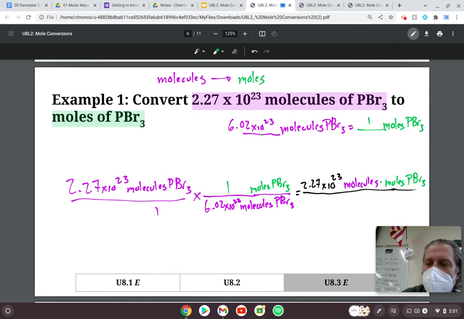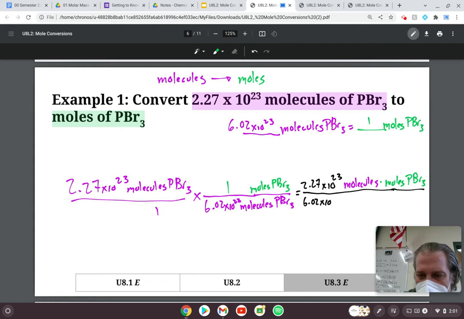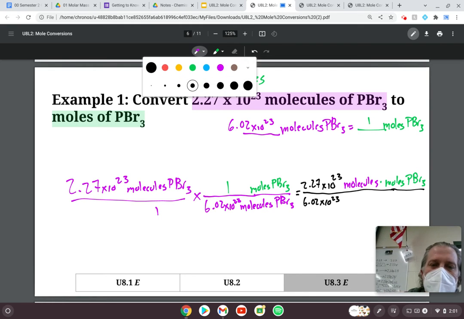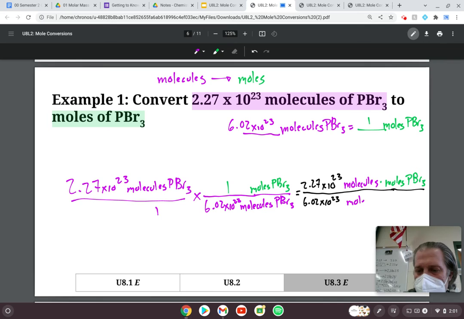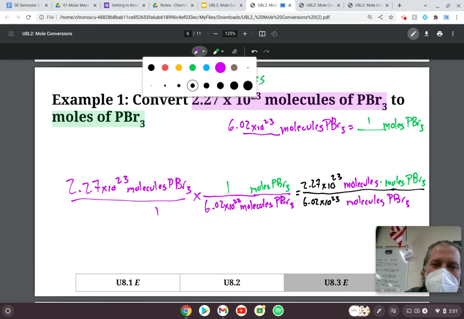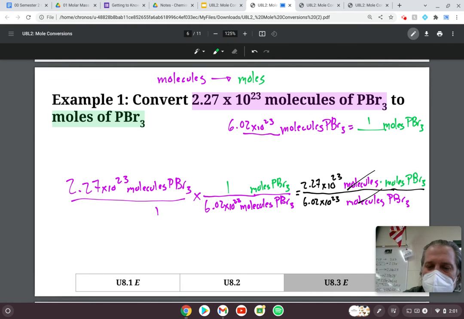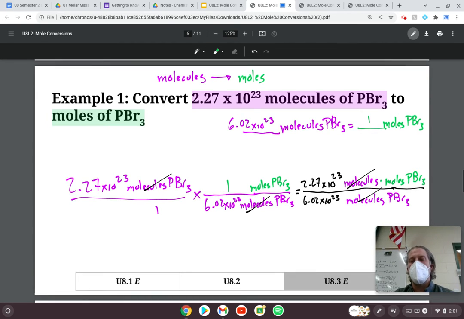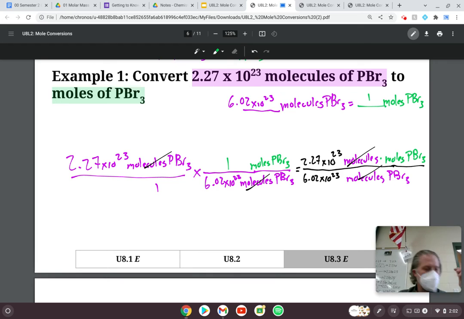The units kind of combine. And if I multiply straight across the bottom, I get 6.02 times 10 to the 23rd molecules of PBr3. And hopefully what you see here is that the unit of molecules cancels out because one's on top and one's on the bottom, and that's going to leave us with moles of PBr3.